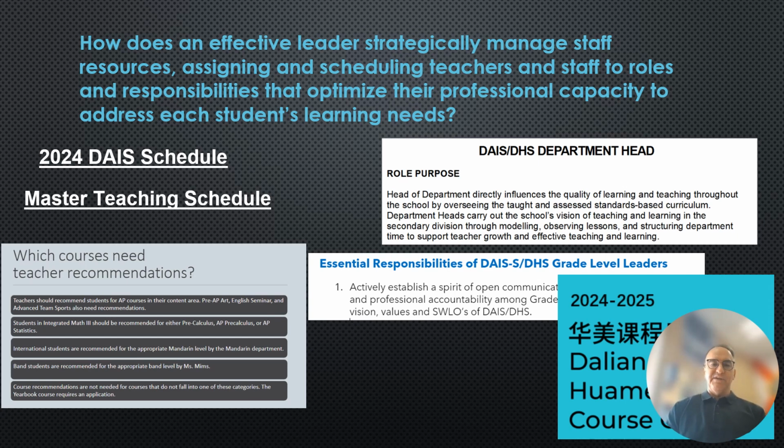So we are not burdening teachers with students who are in over their head for AP or IB classes. Also looking for areas of leadership, department head opportunities, grade level leader opportunities is also a big part of having a successful school, with opportunities for learning and leadership.